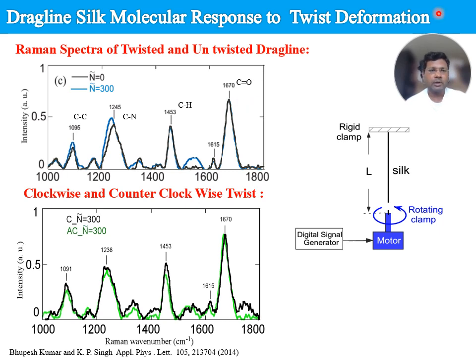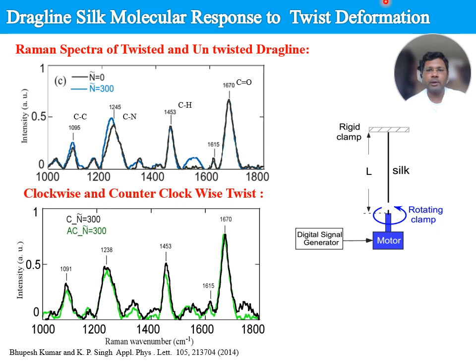We observed that the amide 1 peak at 1670 is due to the carbon double bond O stretch vibration in the beta sheet, and the tyrosine side chain at 1615 cm inverse, were mostly unaffected by the twist.